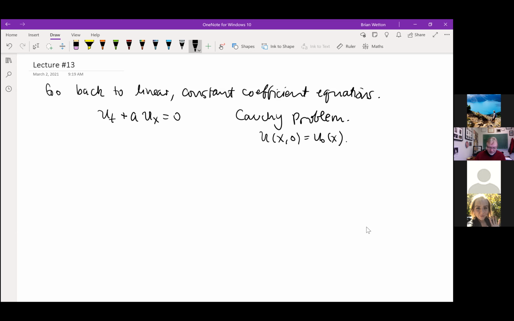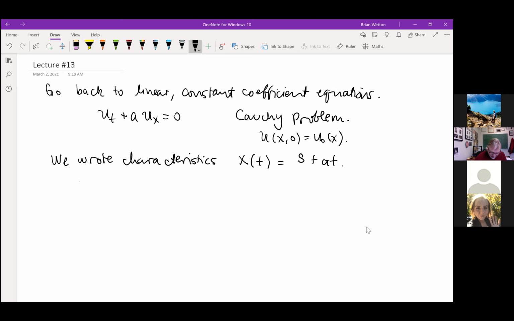So just to remind you, what we did here is we wrote characteristics. These are curves that come from the initial data. So they start at x equals s and then move with speed a.